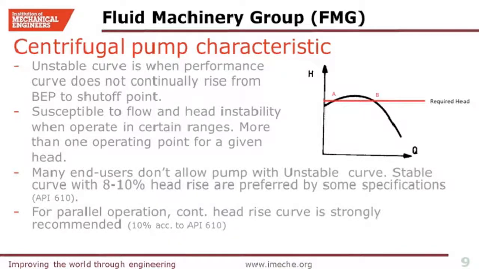Many industry standards and end users require that the head should continuously rise from the rated condition point to shut-off point. There are some references to this type of curve as a stable curve. And also it is common to state the minimum acceptable increase in the curve, which is normally 8% for a single pump and 10% for a pump running in parallel.